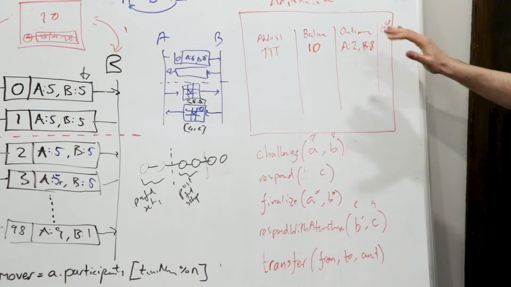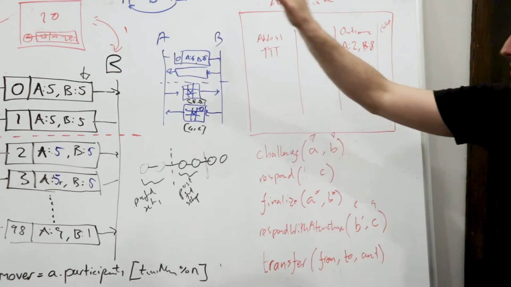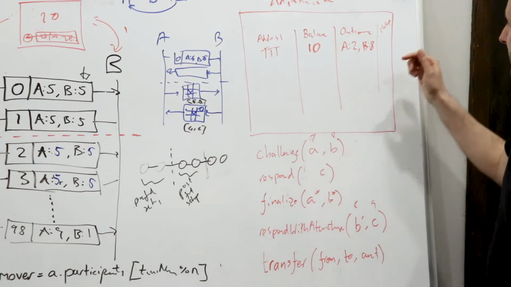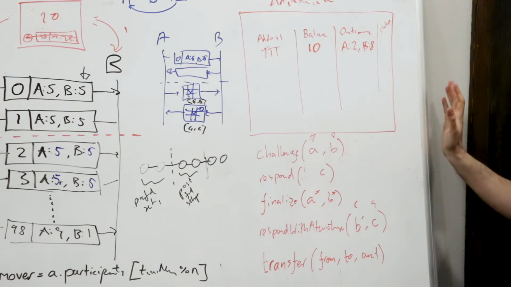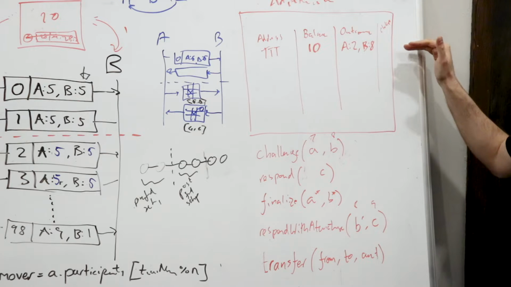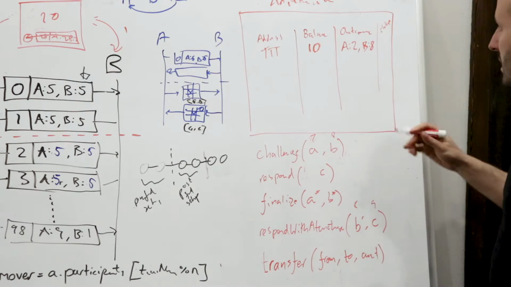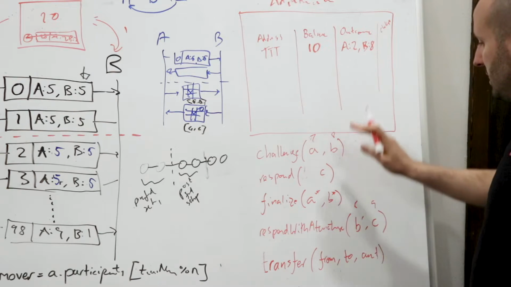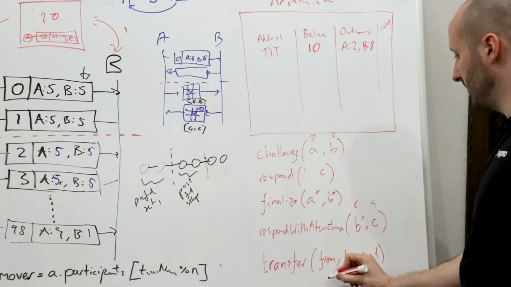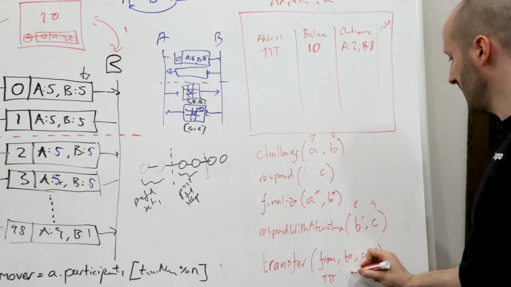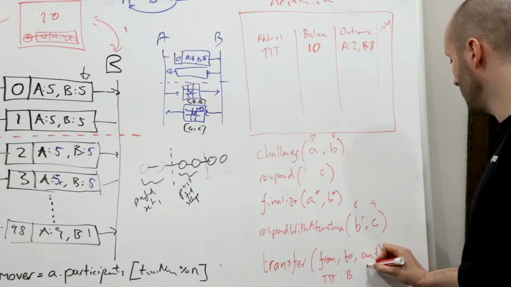This means that you can only ever get one outcome per channel. Once a channel has an outcome, it's done. There's no way to put another outcome on chain. Once this has an outcome, we can start operating on it. So I can call transfer from tic-tac-toe to Bob, amount 8.